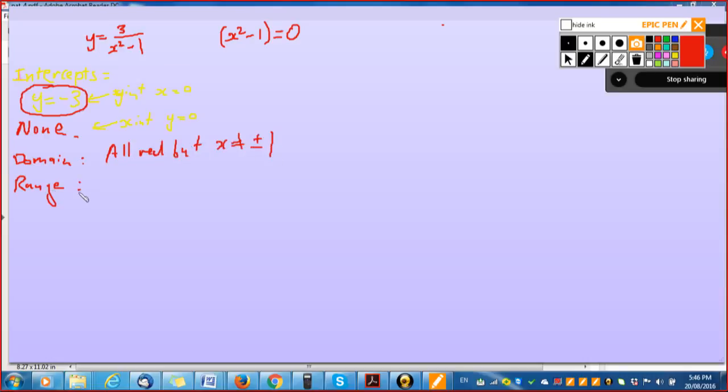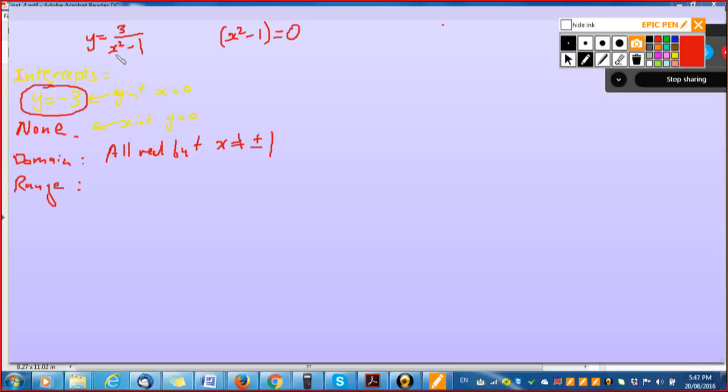What about the range? Is there any value that Y can't equal? Yes, Y cannot be 0. What else can't it be? Let's have a look. In other words, X squared has to be positive. So let's solve that.